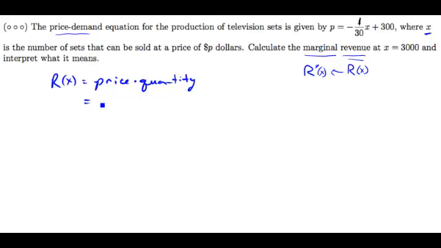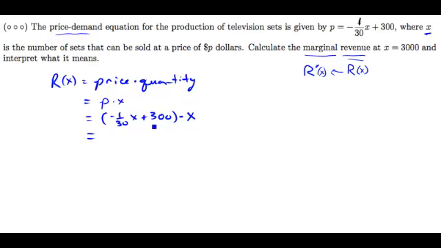So in this case, it's going to be P times X, where P is negative 1/30 times X plus 300. We'll multiply that by our quantity, which is simply X, and we have our revenue function.